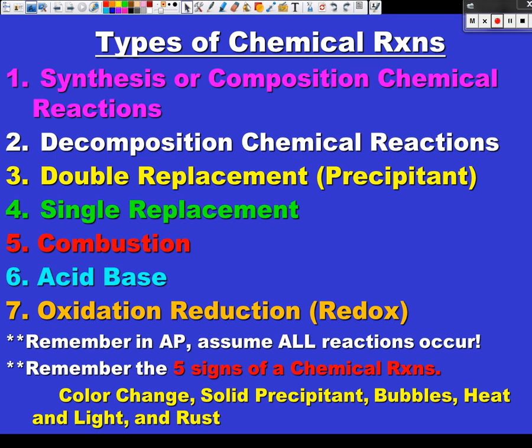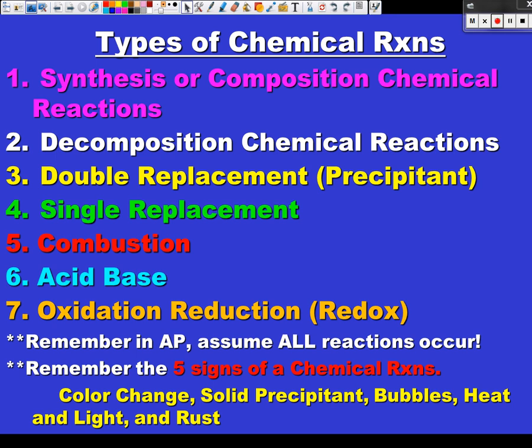Combustion: must have O2, and mostly hydrocarbons. What is the difference between mostly and all?